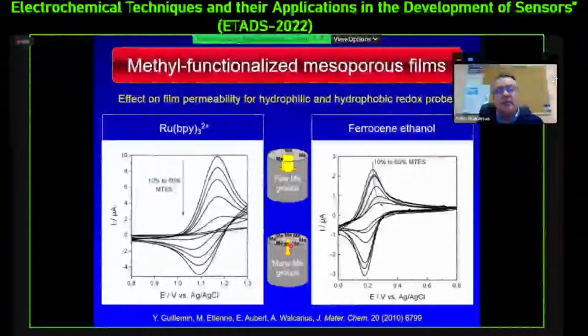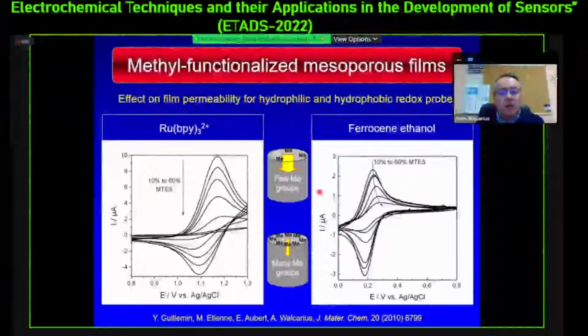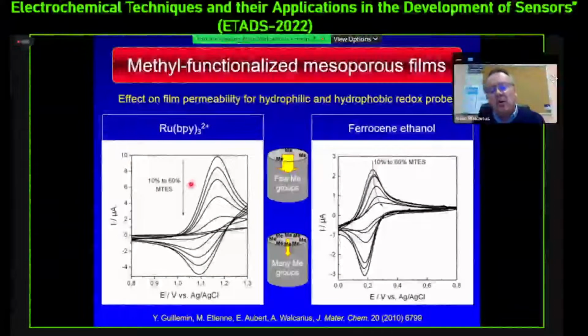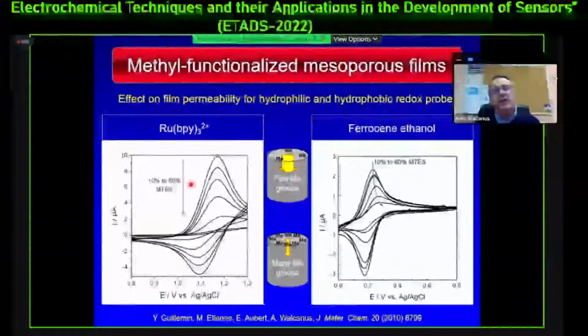If you increase the methyl group content in the mesopore, you have less and less space for the species to diffuse through the film, and of course you observe a decrease in the sensitivity in both cases when you increase the extent of functionalization.